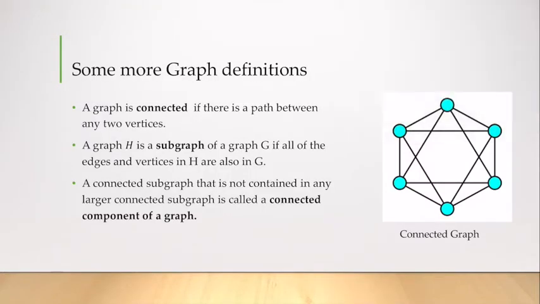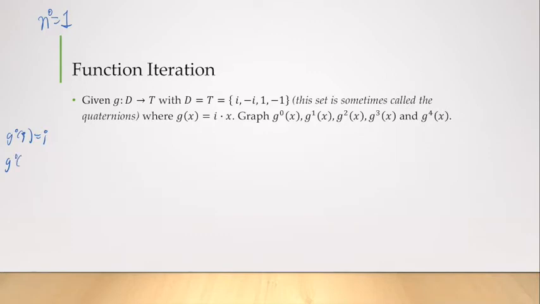g^0 just has each element, negative i goes to negative i, 1 goes to 1, very exciting, I know, and negative 1 goes to negative 1.